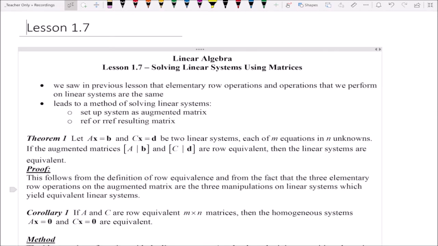And the proof is very simple. It follows from the definition of row equivalence and from the fact that the three elementary row operations on the augmented matrix are the three manipulations on linear systems which yield equivalent linear systems.